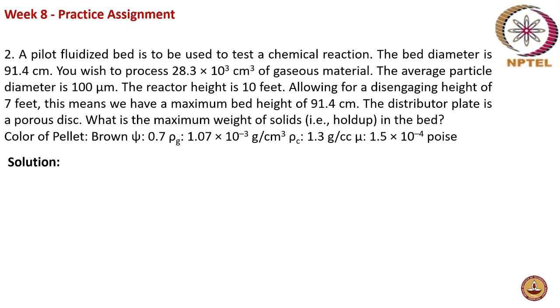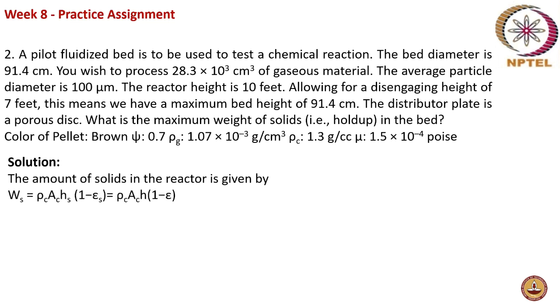So the solution scheme is as follows. The amount of solids in the reactor is given by, you know that the amount of solid is going to be constant, whether it is a fixed bed or a fluidized state, right? Whether before passing the gas or after passing the gas, only the particles are going to spread up, whereas your total weight of the solid is not going to change, correct?